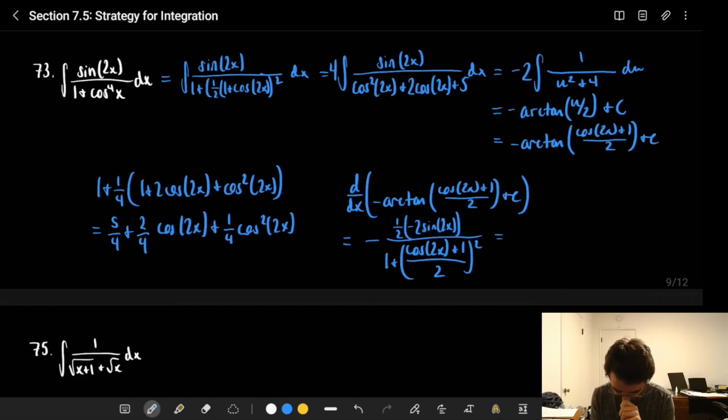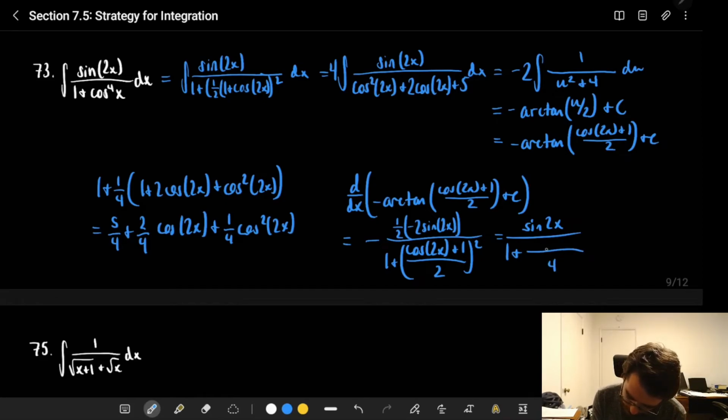And where did the 1/2 come from? Oh, it came from there. Derivative of that's that. That's good. So this becomes, the negatives cancel, the 2 and the 1/2 cancel. You get your sine of 2x on top, which is wonderful. And then this should be exactly what you need. Maybe you need a trig identity to work it out. But a whole bunch of stuff over 4.